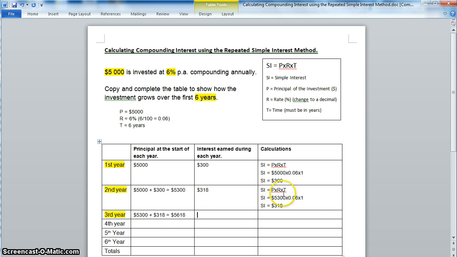Now we use our simple interest formula again to work out the simple interest for year 3.